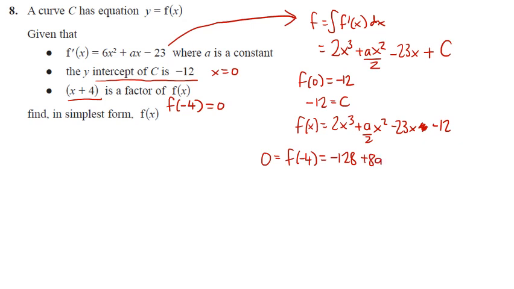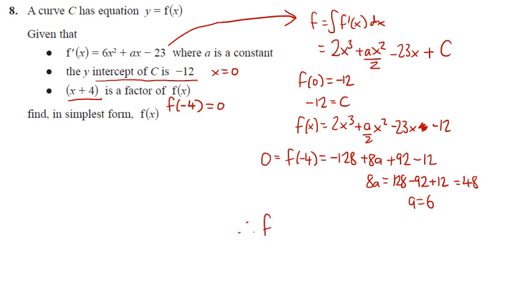Minus 4 times minus 23 is plus 92, and then minus 12. Okay, and that's equal to 0, so 8a is equal to 128 minus 92 plus 12. What's that? 128 plus 12 is 140, minus 92 is 48, so a is 6.